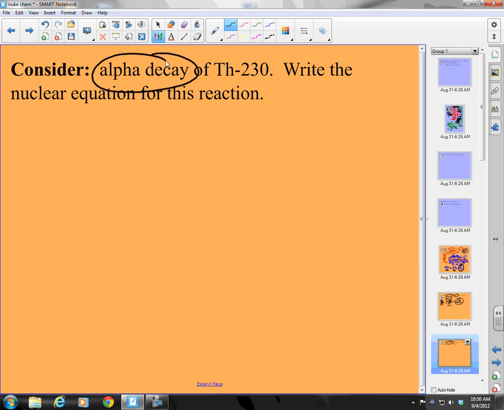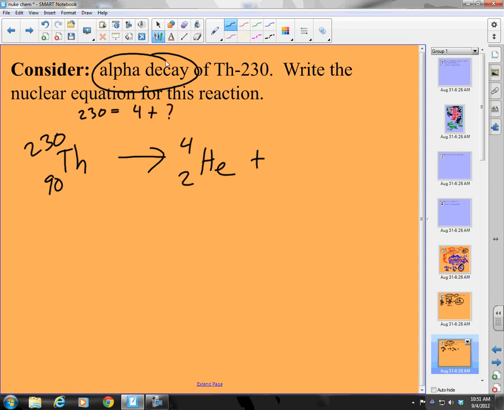We have alpha decay, right? That means I'm going to spit out a helium nucleus. What do I start with? I start with thorium-230. I look in my periodic table. Thorium is 90. And then I just start doing some basic math. 230 is equal to 4 plus my unknown. What's my unknown? 226. 90 equals 2 plus my unknown.